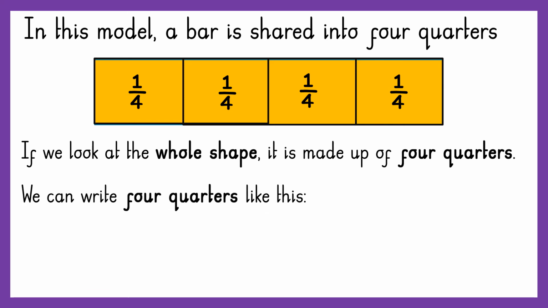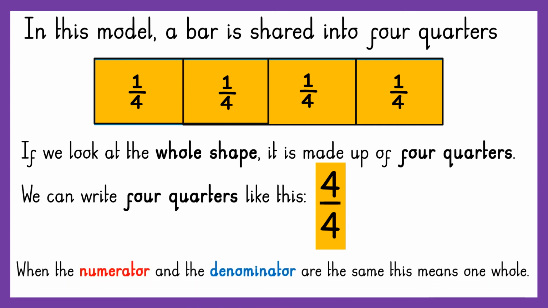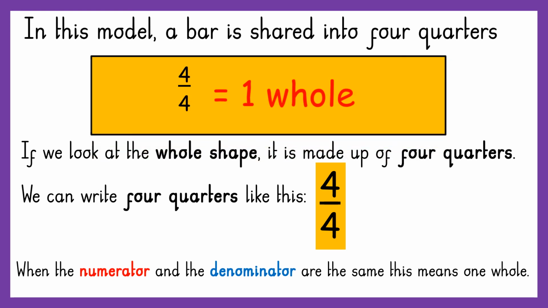We can write 4 quarters like this: 4 over 4. When the numerator and the denominator are the same, this means one whole. So 4 quarters is the same as one whole.